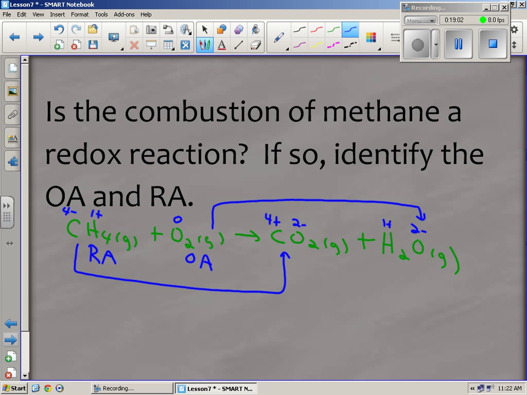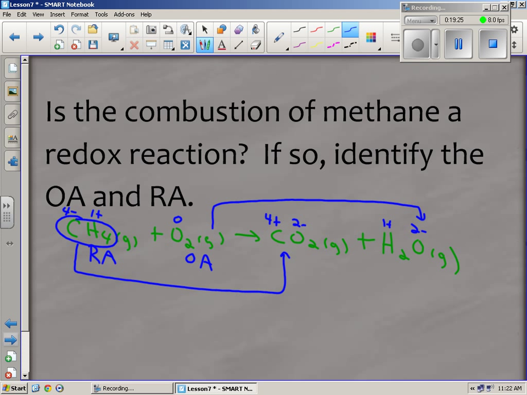Now, one thing I have to mention to you. Listen, CH4 is all of this. Yes, if we're looking at the carbon, it is actually going from a 4 minus to a 4 positive. But you have to consider the whole thing. Carbon's not by itself here. So the reducing agent is CH4.